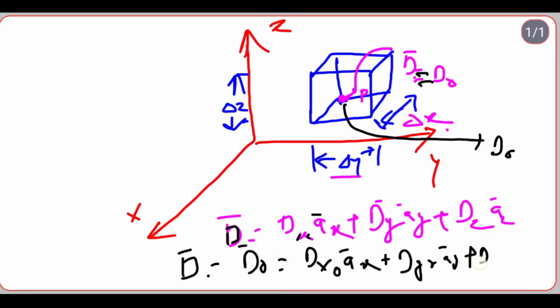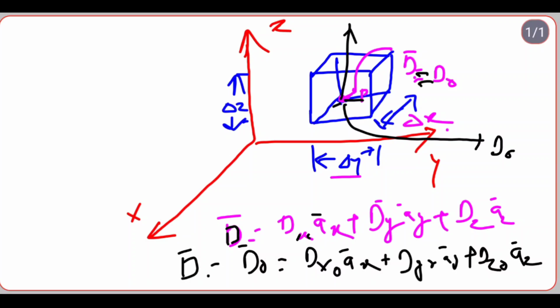We can write it like this at point P, because point P is located at the origin. The components Dx naught, Dy naught and Dz naught vary with the distance in the respective directions from the origin.